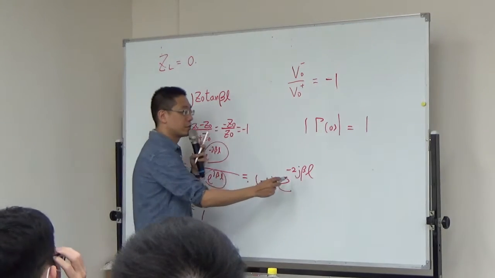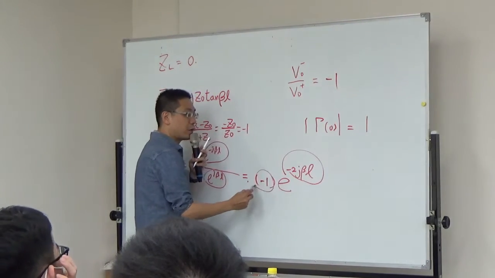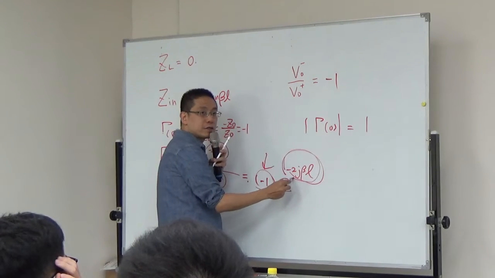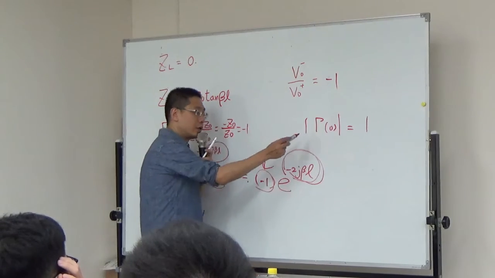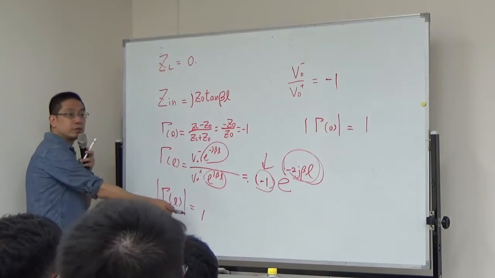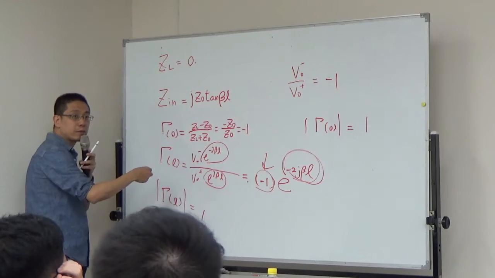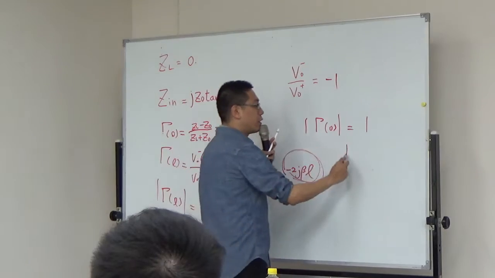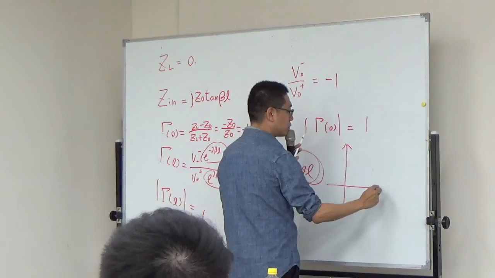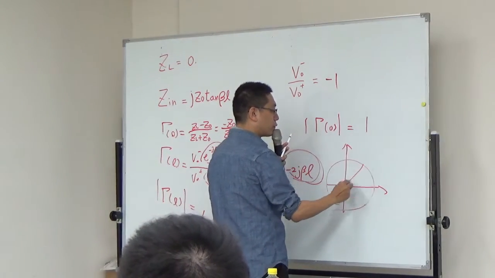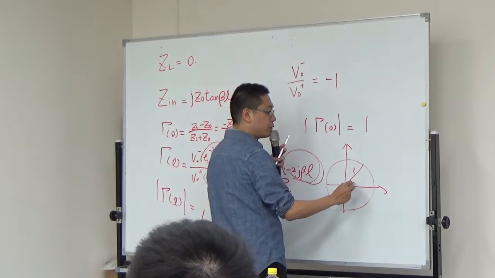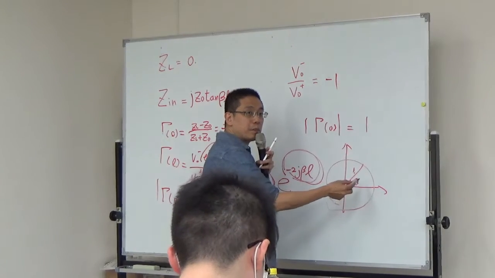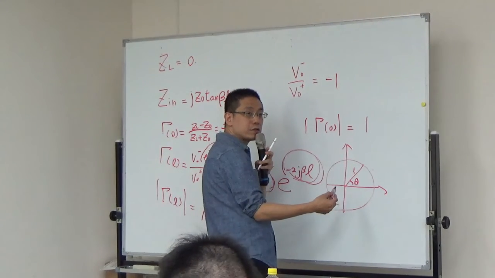The phase. This is 180 degrees, and also the phase. But the magnitude is the same. So this one is like on the plane. You have different phase. You change the phase, but the result is the same.